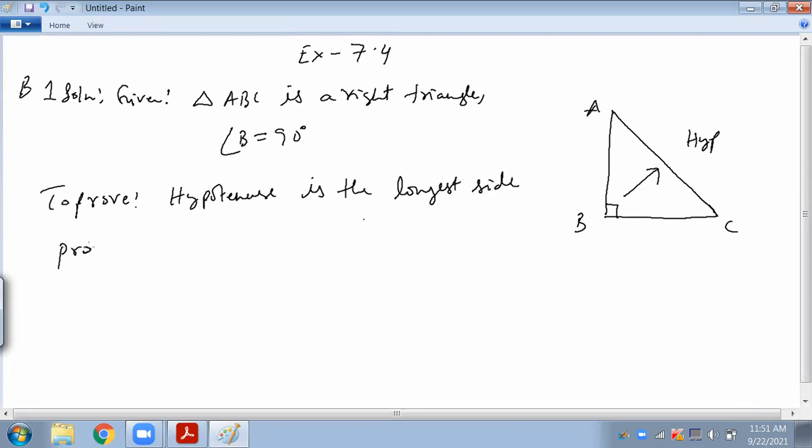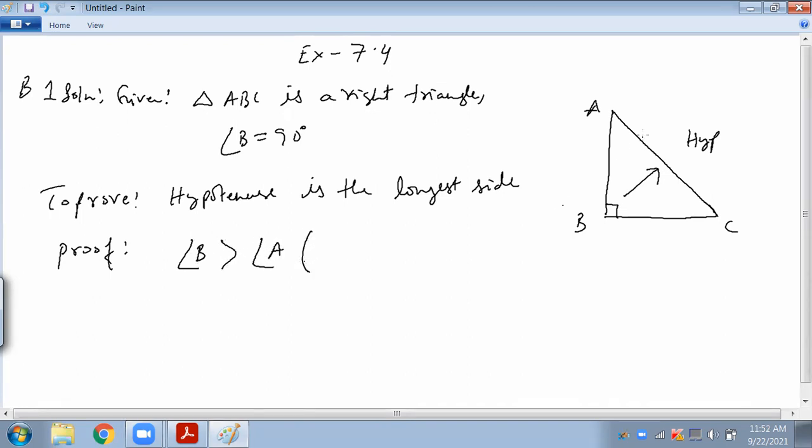Okay, proof. To show that the hypotenuse is the longest side, we have to show AC greater than AB, and also AC greater than BC. Now first of all, we can take angle B greater than angle A. Why?